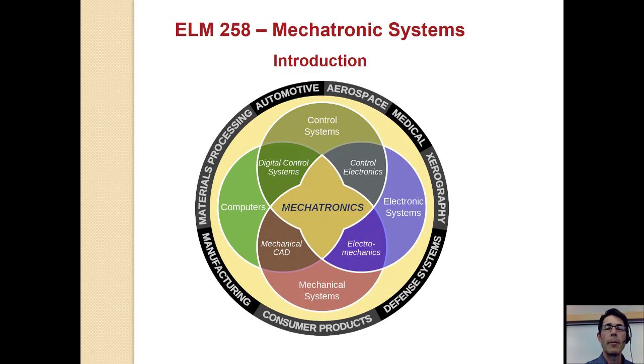Generally, positions in mechatronics are listed as electronics, because that's a more typical, more well-known term, but really a lot of it is talking about mechatronics.